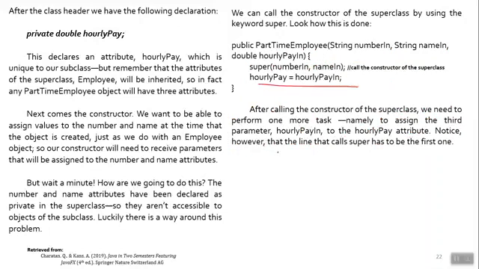Notice, however, that the line that calls super has to be the first one. If you're going to access the constructor of the superclass, it should be at the first line of your constructor. So it should be on top.